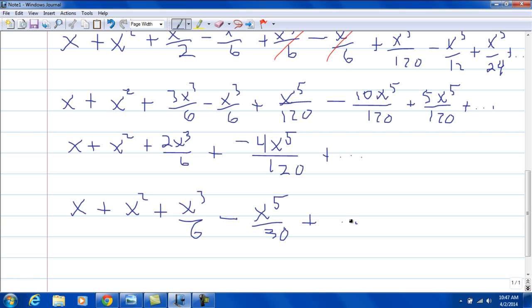It's going to have to be either the first or the second one. And let's see here. Put up my handy dandy calculator. Plus x squared plus x cubed divided by 6 minus x to the fifth divided by 30.